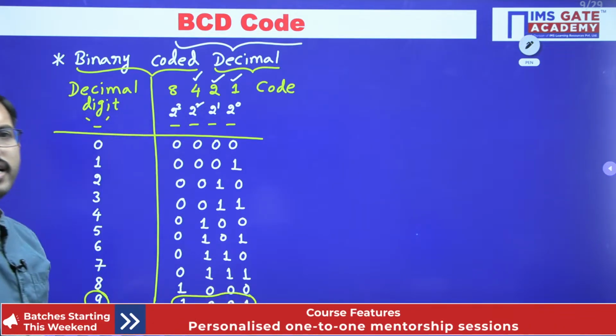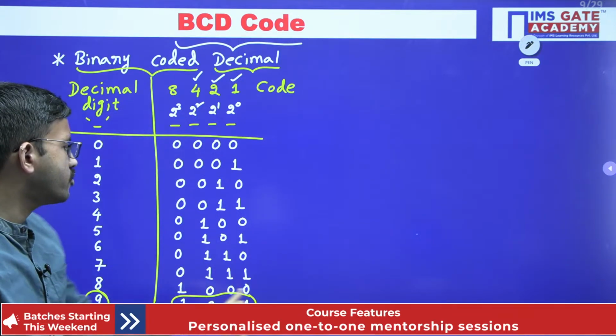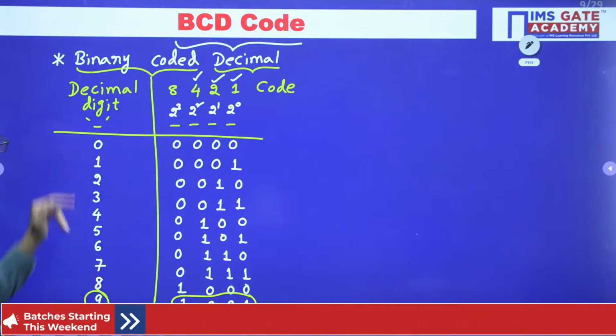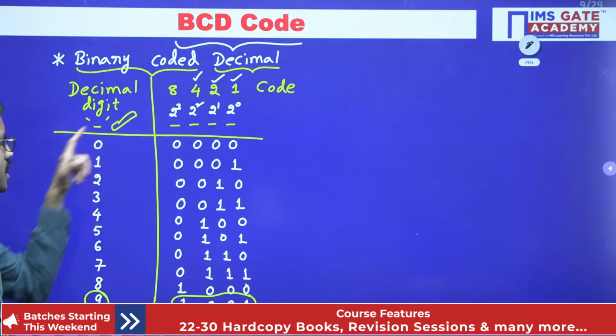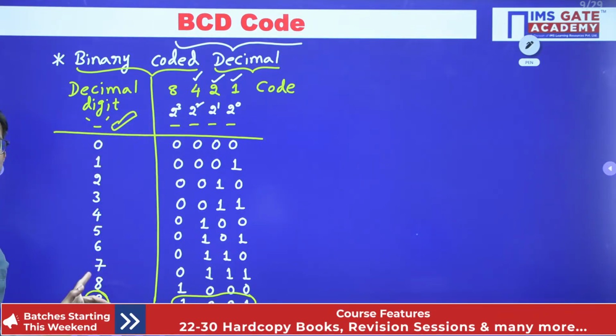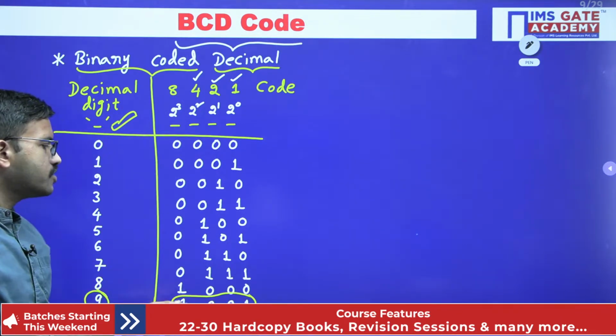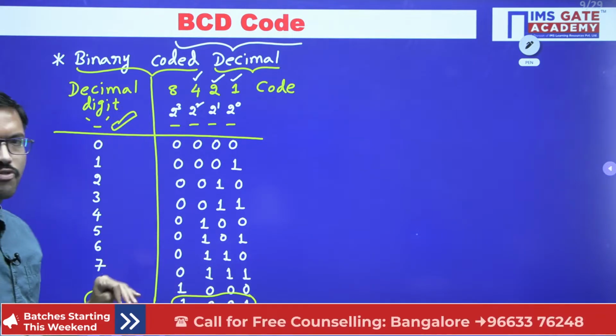For representing 9, we require 4 bits, 1001. So for a decimal digit, the maximum value is 9, and for representing 9 you require 4 bits in the BCD code.